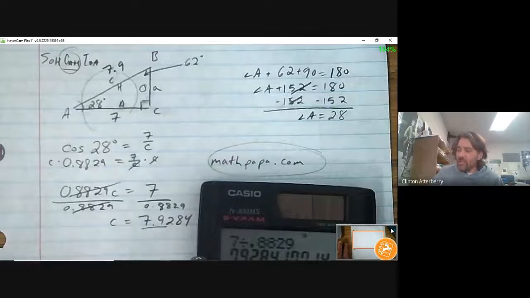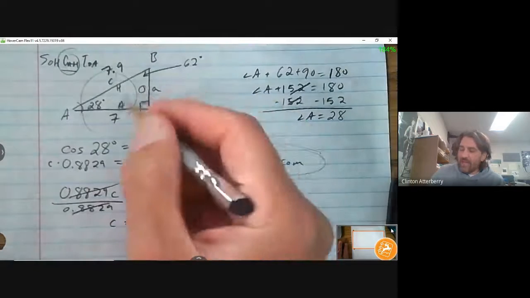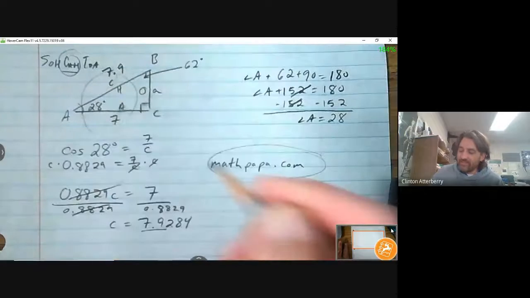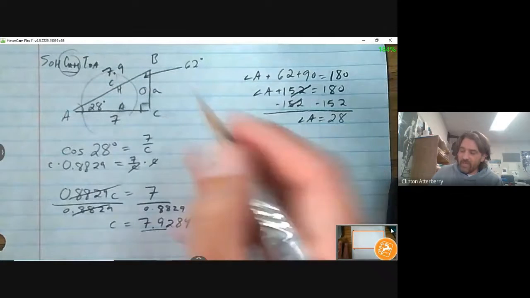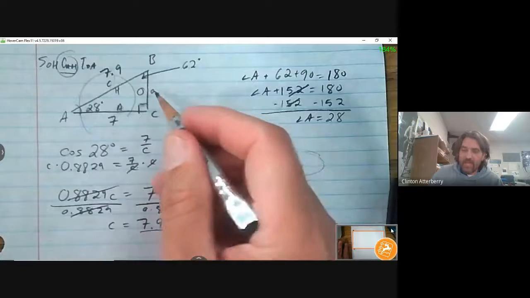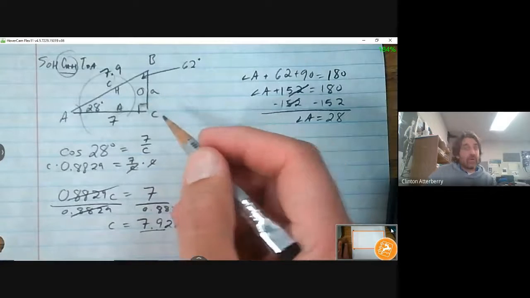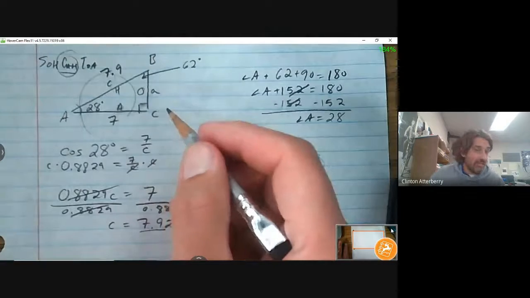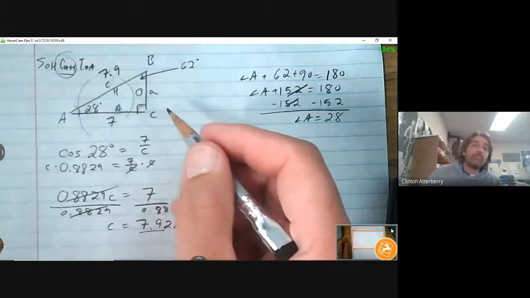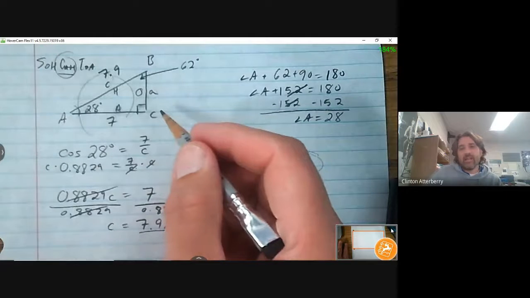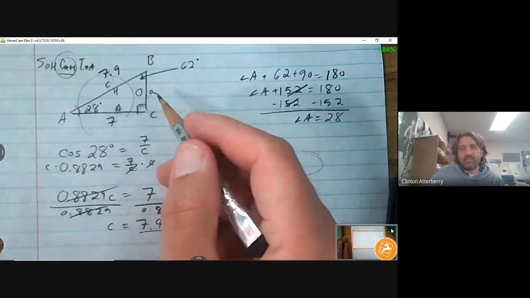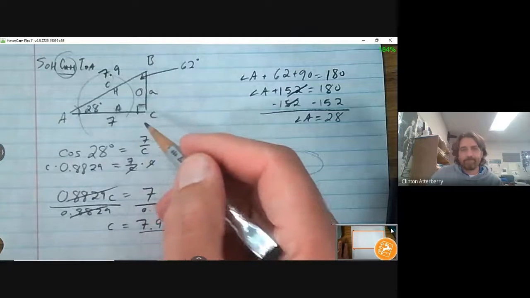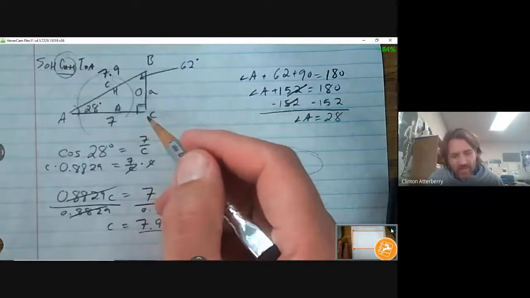Okay. So if we have 7.9 and 7, we got to solve now for our side length. So we have a few options. We could use a trig ratio again, which is one of my favorite things to do. But I would say grab a calculator and let's do Pythagorean theorem. You're like, why are we doing Pythagorean theorem?